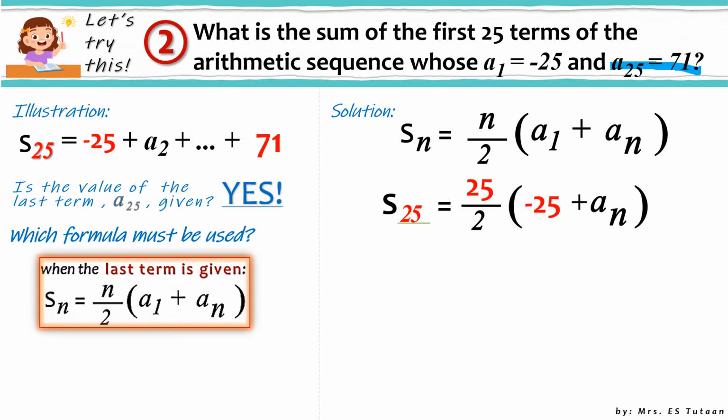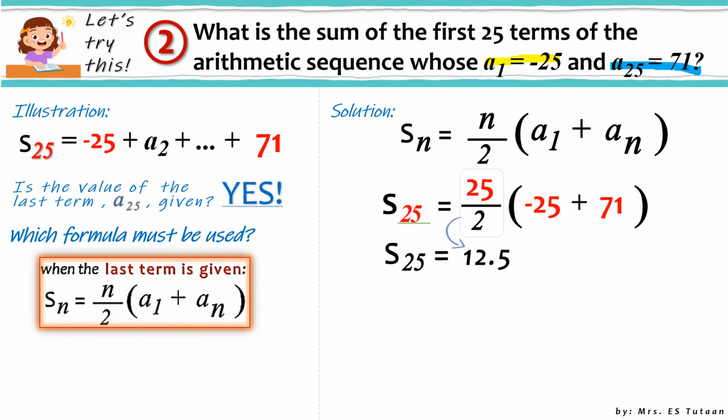So, ang ating a sub 1 is negative 25. Ito ang ating a sub 1. And plus the last term. Again, ang ating last term ay 71. And then, we will follow again the GEMDAS. So, kung ang nasa loob ng lahat ng magkakagrupo dyan, ay pwede na natin simplify na natin.